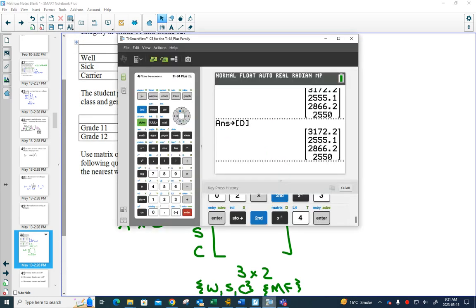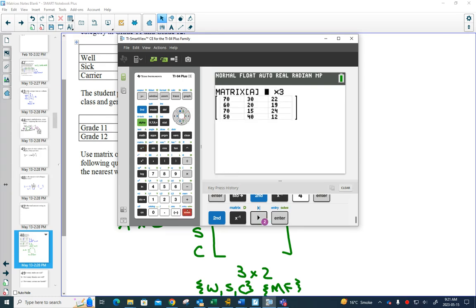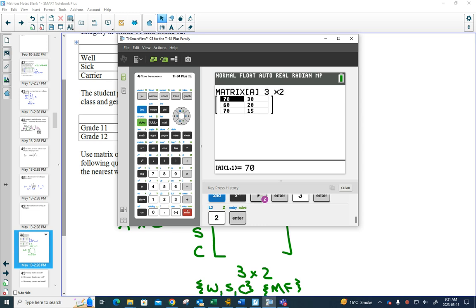I'll go to my calculator and overwrite the ones that I had. For percentages, are you okay if we put these in as decimals? 0.15, 0.25, 0.35, 0.4, 0.5, 0.35.